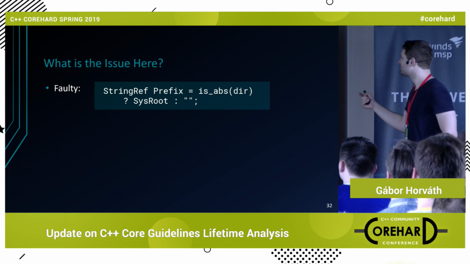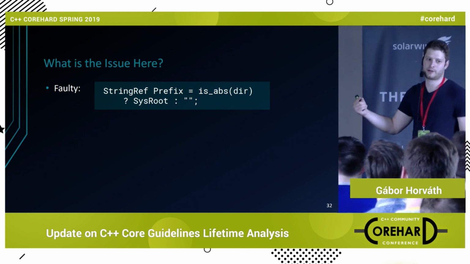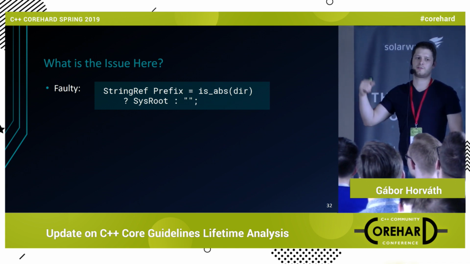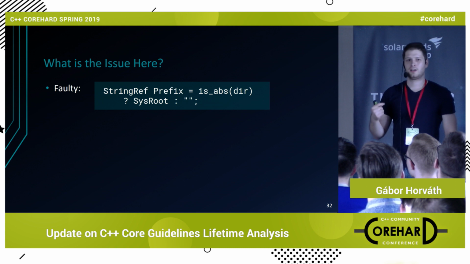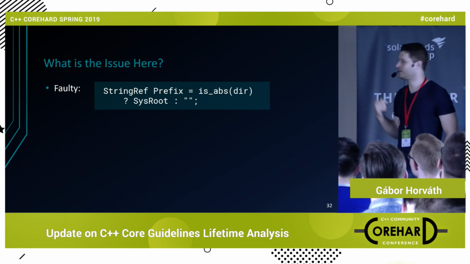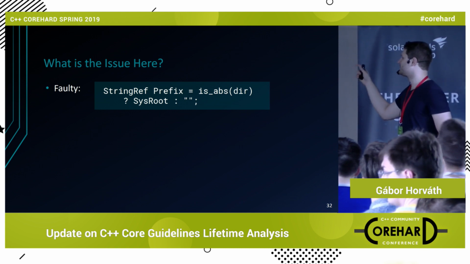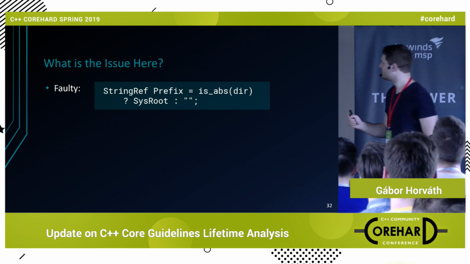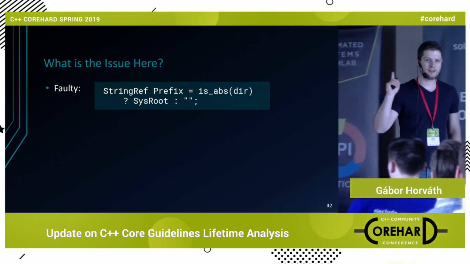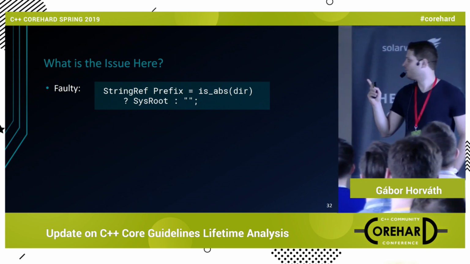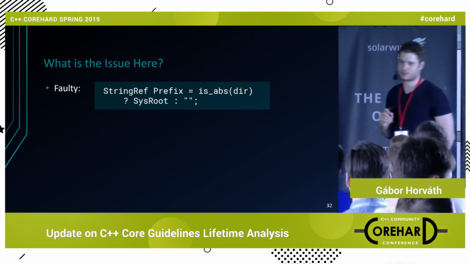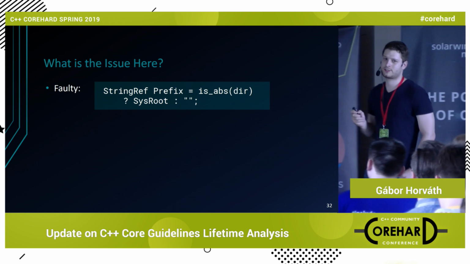So what will happen, since the true branch of the ternary operator has the type std::string, the false branch needs to be converted to std::string. So the empty string literal will be converted into a temporary std::string, and in case isApps evaluates to false, then prefix will bind to the temporary std::string. The temporary std::string will be deallocated at the end of the full expression, and we will have a dangling StringRef.